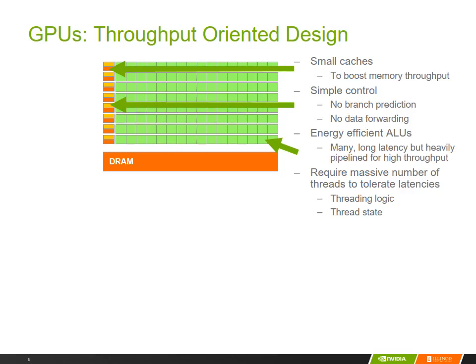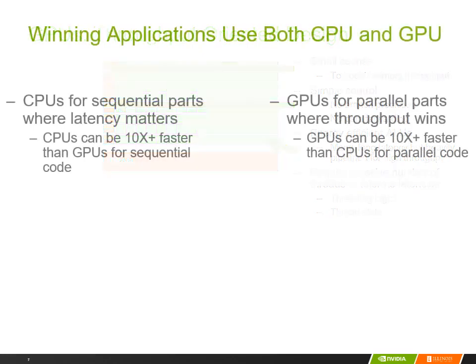As a result, we can have a very large number of arithmetic operations going in parallel. However, in order to fully utilize this capacity, the GPUs require a massive number of threads in order to tolerate all these latencies and fully utilize all the parallel computing resources. That's why we also see a large amount of thread logic and thread state in these GPUs.